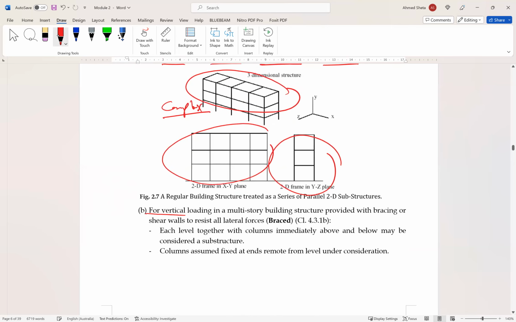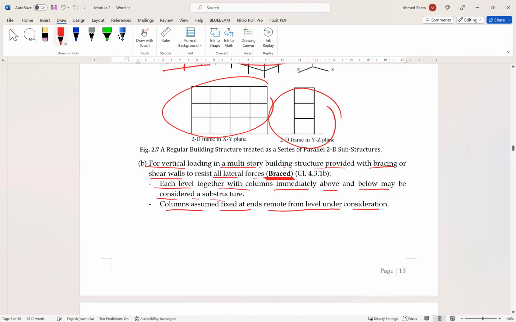For a vertical building and multi-story building, the structure is provided with bracing or shear walls to resist all lateral force, a braced structure. Each level together with the columns immediately above and below may be considered a substructure. Columns are assumed fixed at ends remote from the level under consideration.